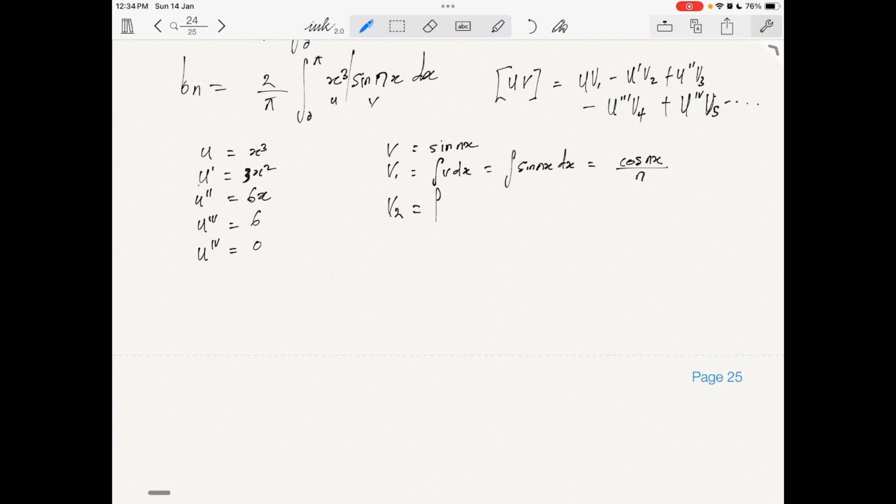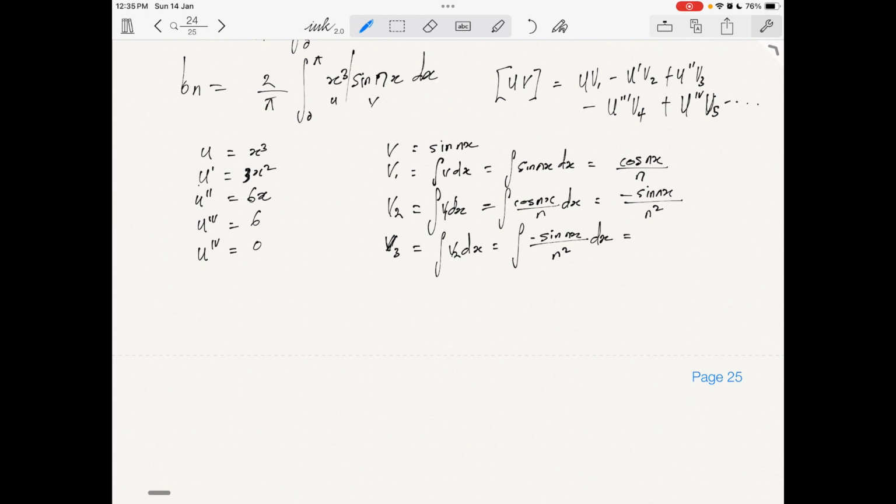v2, which is integral of v1 dx, and v1 is minus cos nx over n. Integrating minus cos nx over n, we have minus sine nx over n squared. Moving on, we have v3, because we are evaluating up to v4. v3 is integral of v2 dx, and v2 is minus sine nx over n squared.